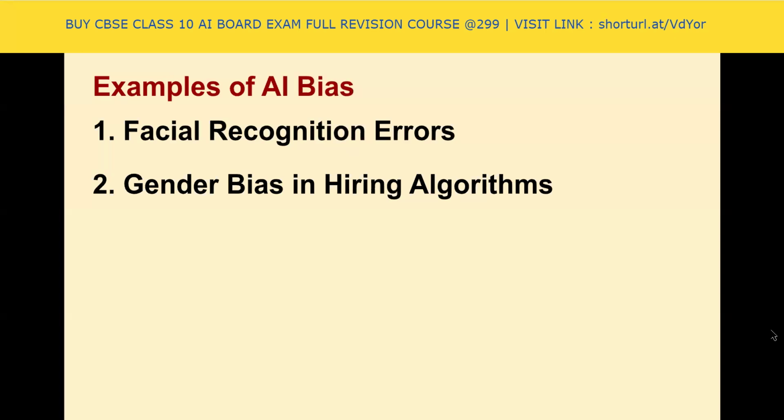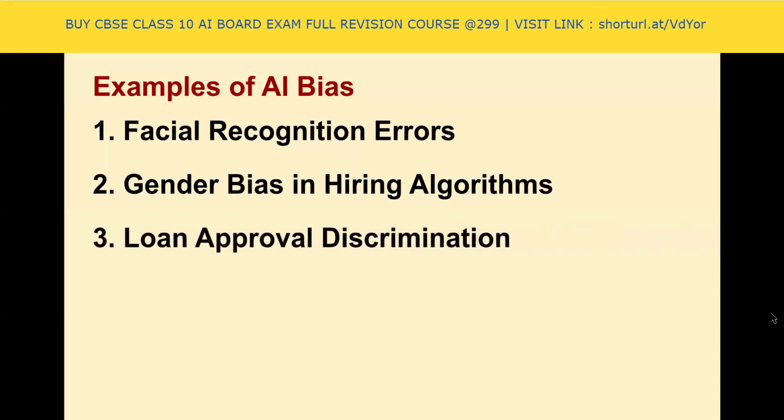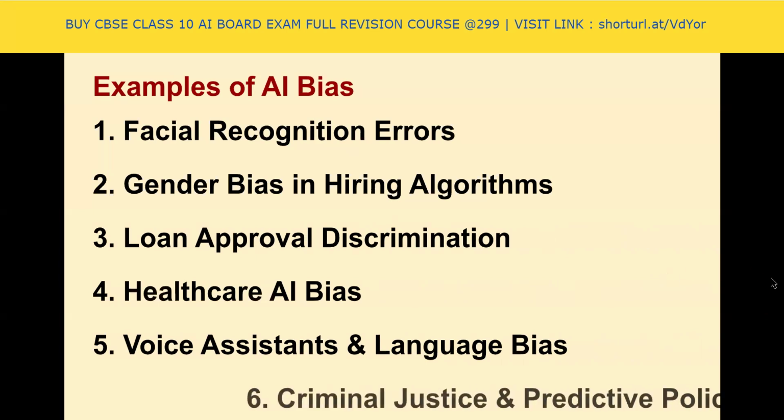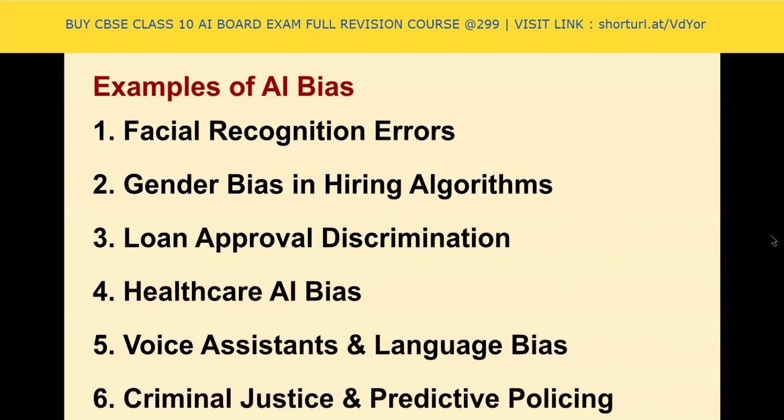Facial recognition errors, gender bias in hiring algorithms, loan approval discrimination, healthcare AI bias, and voice assistants. So these are five areas where there is a possibility of AI biases. And one more, which is criminal justice and predictive policing.